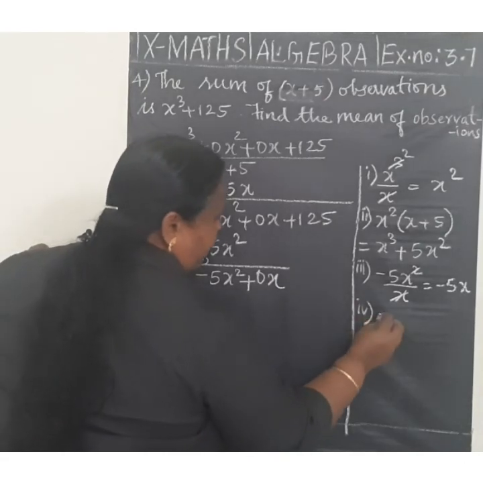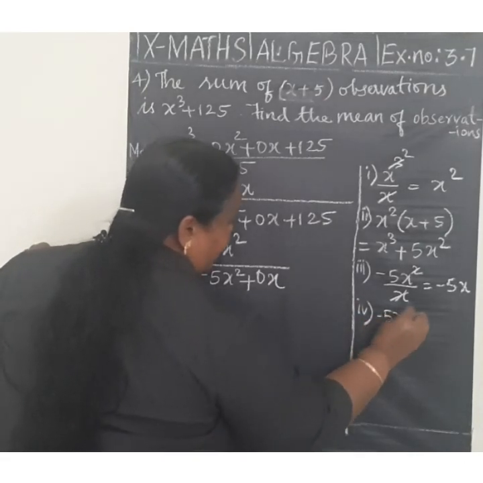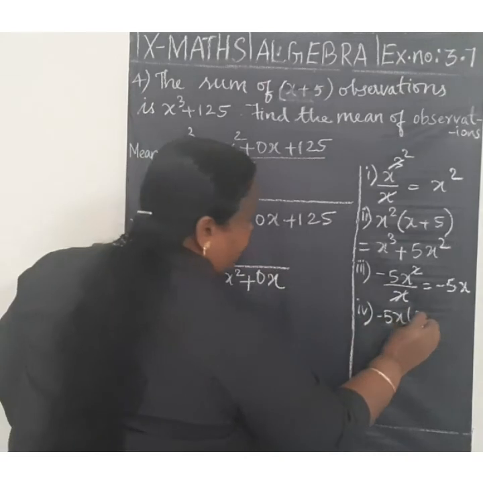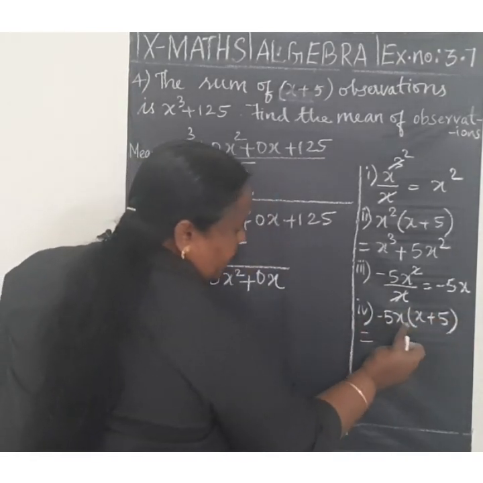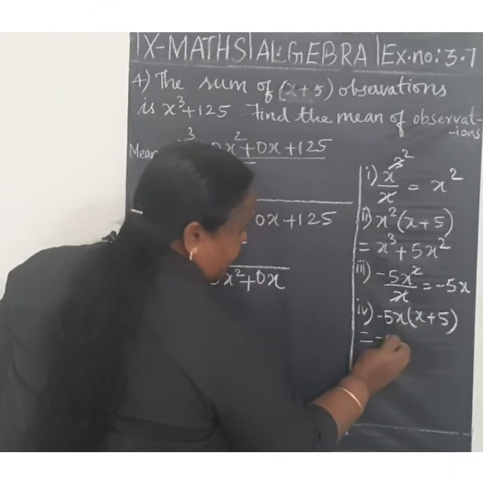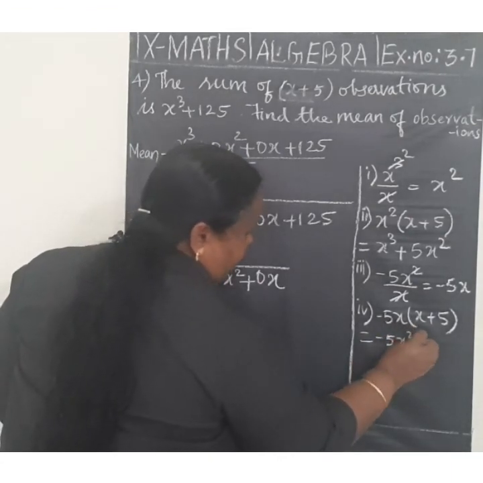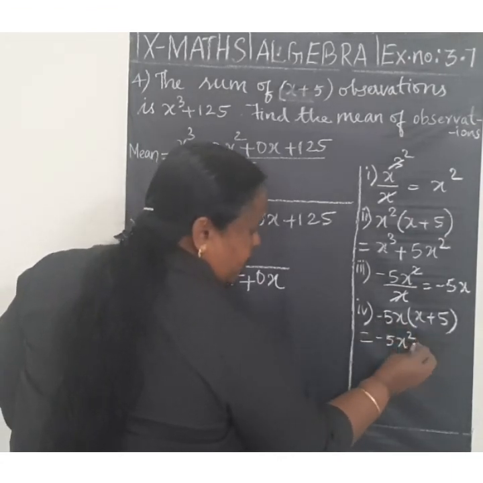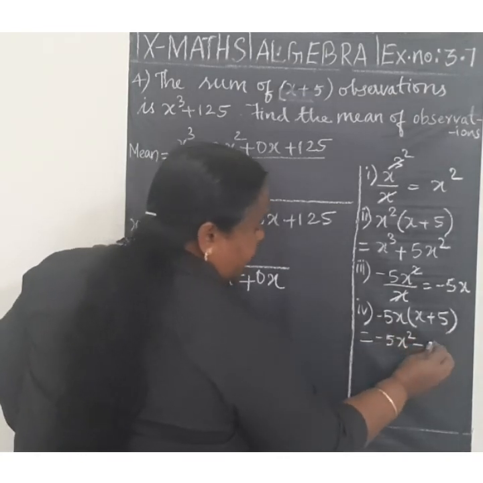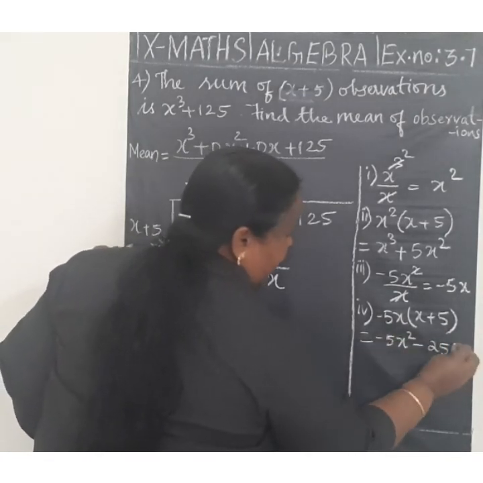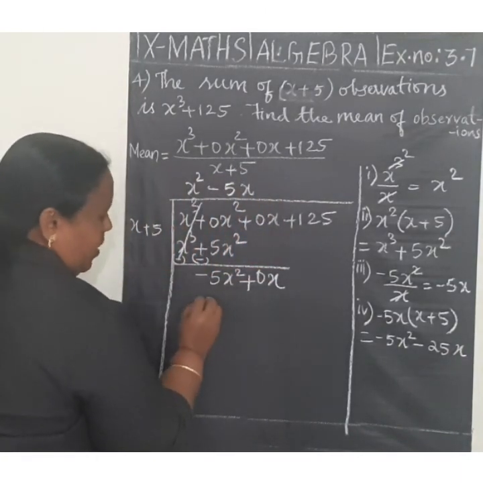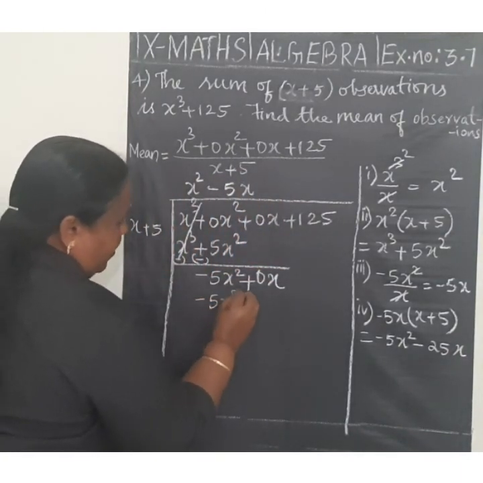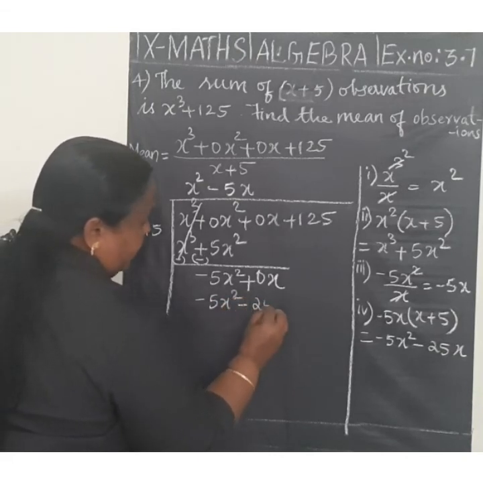Then we multiply this minus 5x by the divisor x plus 5. So minus 5x into x is minus 5x square. Here plus into minus, minus 5 into 5 is 25x. So we get minus 5x square minus 25x.